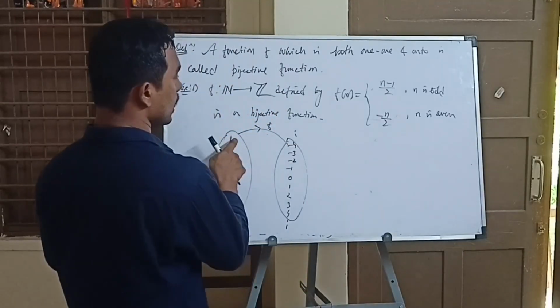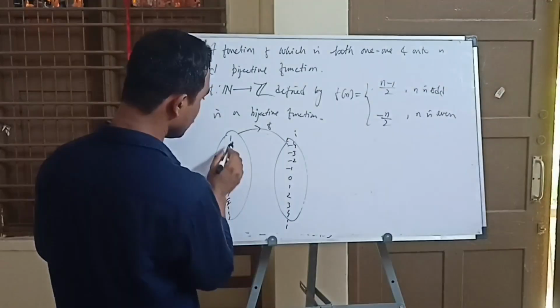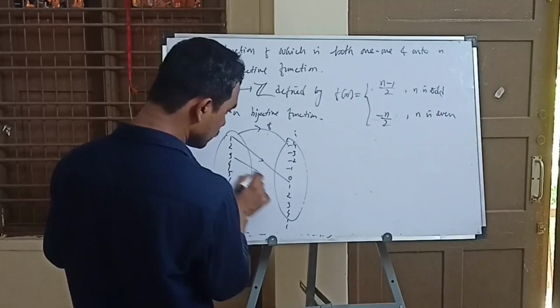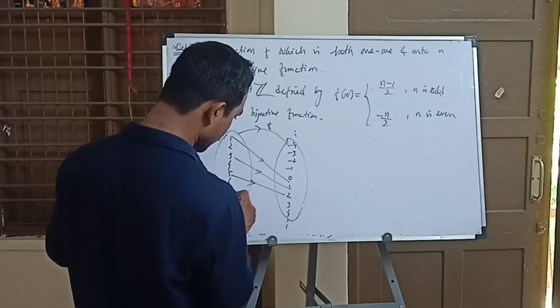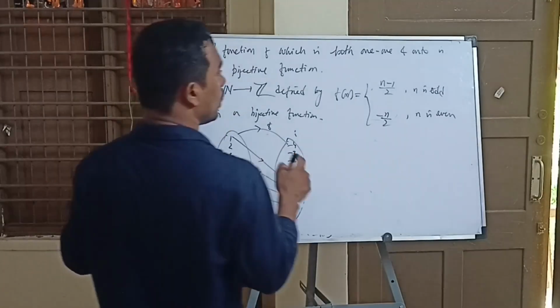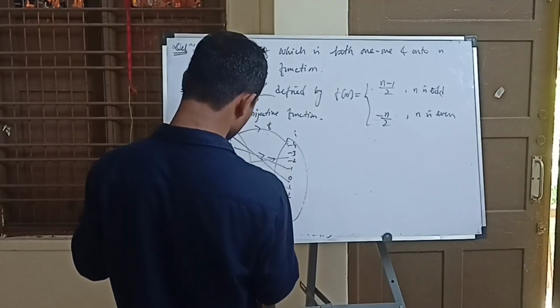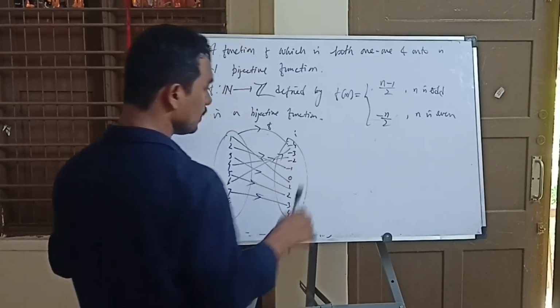Right? f of 1 is what? 0. f of 3 is what? 1. f of 5 is 2. f of 7 is 3. f of 2 is minus 1, f of 4 is minus 2, f of 6 is minus 3. That means what?